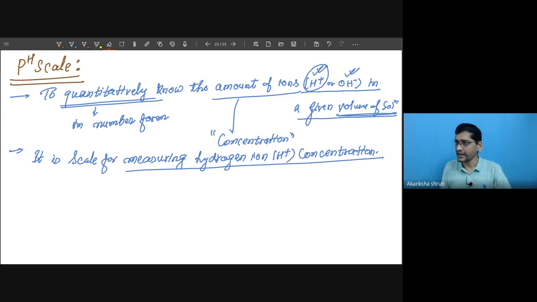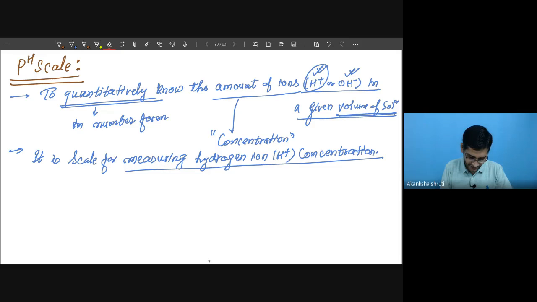It doesn't simply mean that if the hydrogen ion concentration is more, then pH is more. No, the definition is related to a logarithmic scale. If the hydrogen ion concentration is more, the pH is lesser.